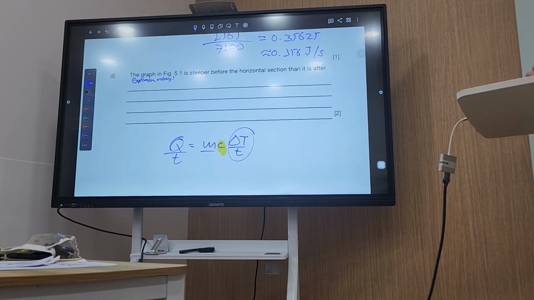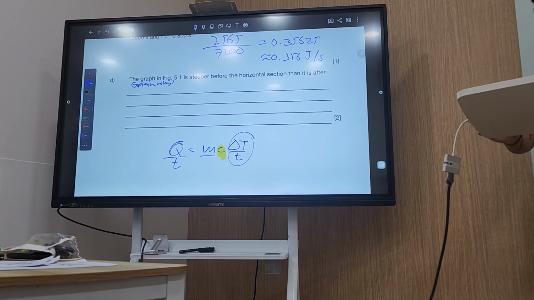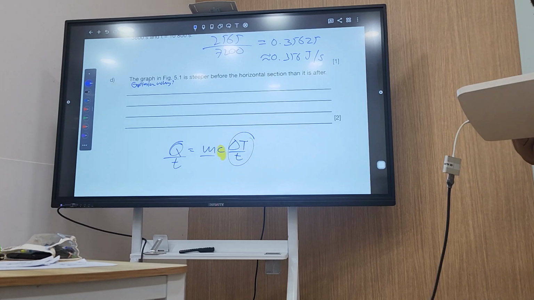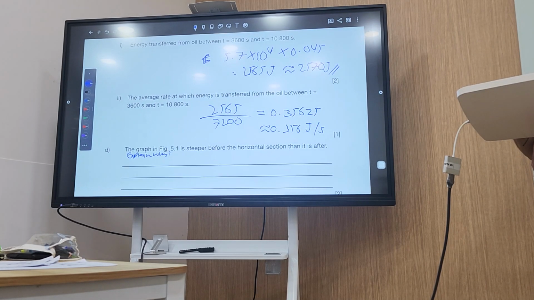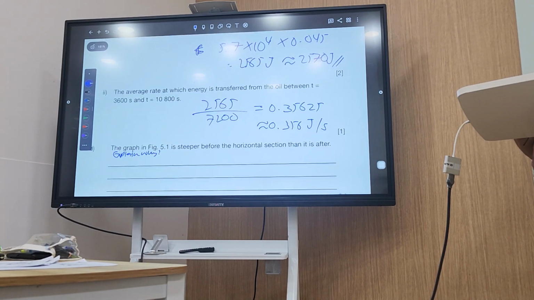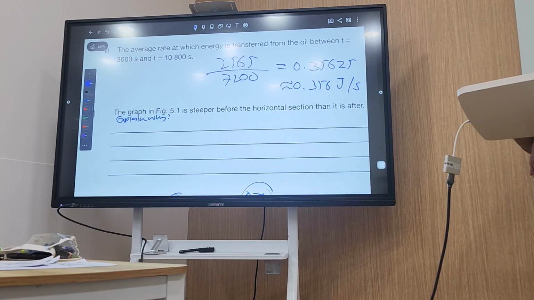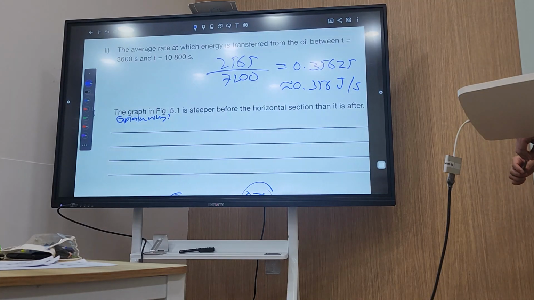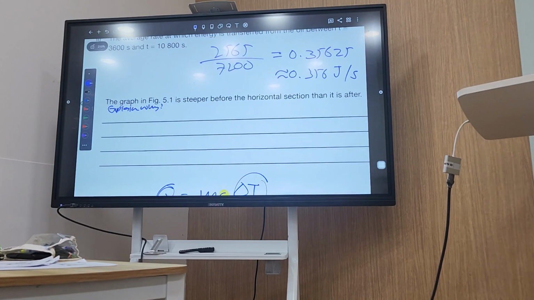Shafiq, if you have a higher specific heat capacity, will you have a steeper or a gentler gradient? Good. So why is it steeper before?